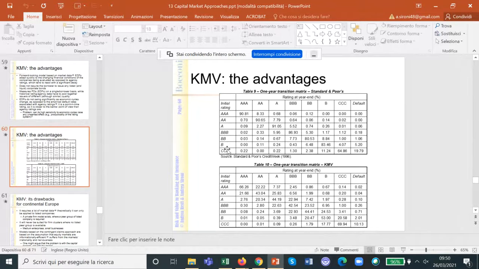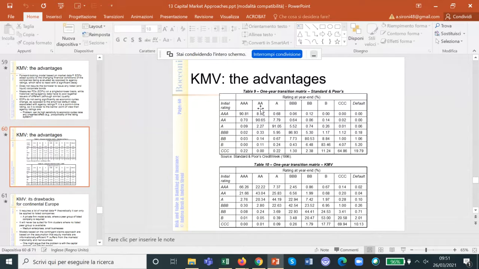This is the initial rating, and this is showing you how many, for example, in the first row, of the ones that were AAA rated at the beginning of the year are still AAA after 1 year, have become AA, have been downgraded to single A, triple B, and so on. How many did default after 1 year? 0. Okay. Triple B, how many have been upgraded to AAA? Only 0.02%. How many have been upgraded to AA, and so on? How many did default? 0.18%, and so on.